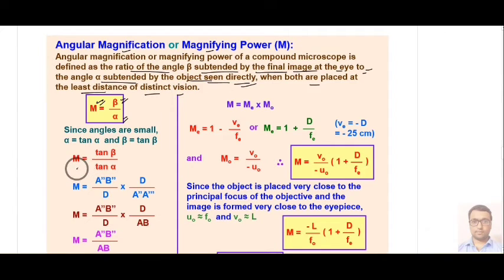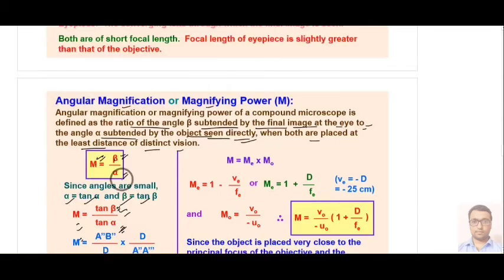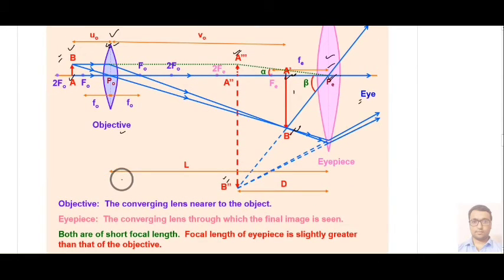So here we know that m equals tan beta upon tan alpha, and for a small angle we can write alpha equal to tan alpha and beta equal to tan beta. Then from the diagram we can write tan beta equal to A''B'' upon D. This angle tan beta we can write as A''B'', this perpendicular, upon base.